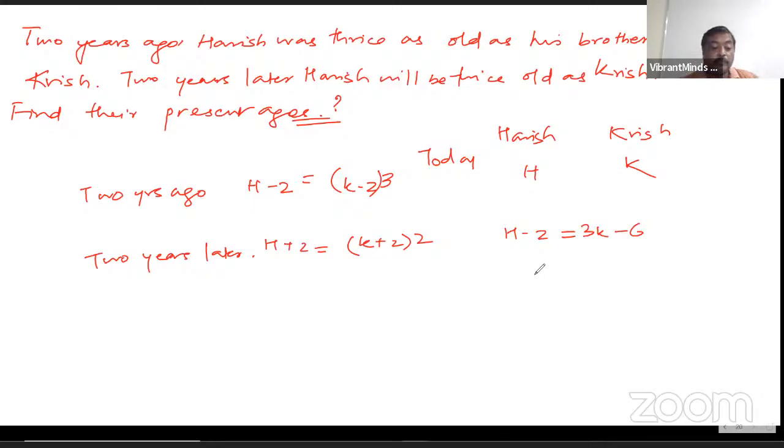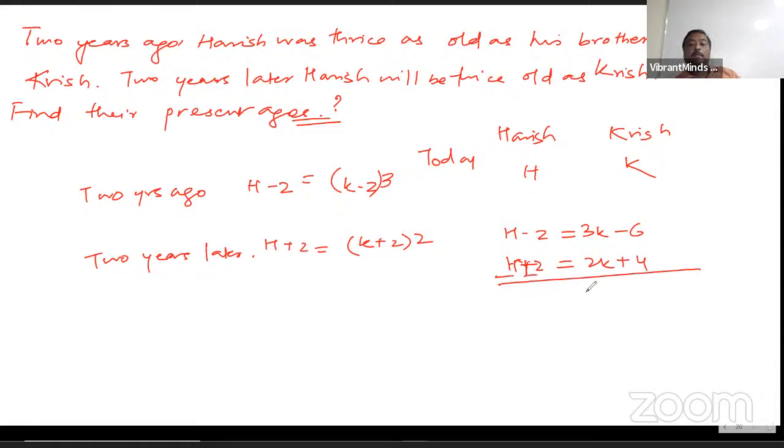Clear? And H plus 2 is equal to 2K plus 4. And let's solve. What I will do is, I will subtract over here. I will subtract over here. Okay. So pay attention.